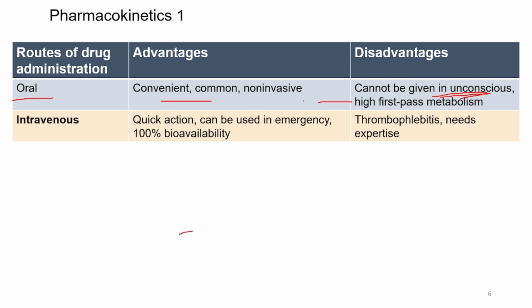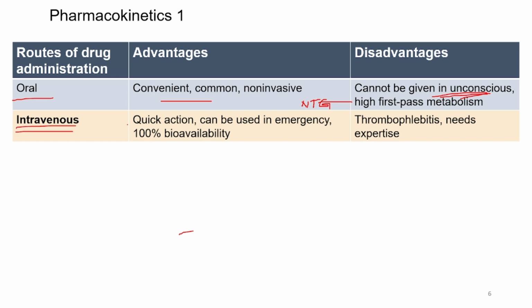And some drugs like nitroglycerin have a very high first pass metabolism in the liver, and also because of the gastric emptying time, it takes some time to reach plasma concentration, which makes it difficult to attain a quick action. So we will see different routes of administration for such cases.